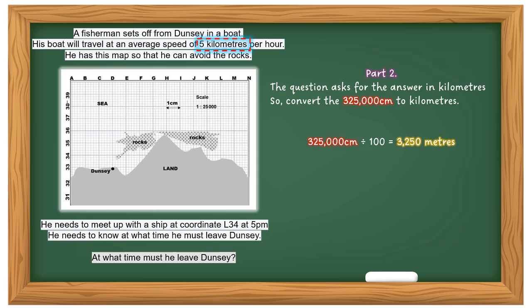So that's 3,250 meters. And then you have to convert that meters to kilometers. So 3,250 divided by 1,000 converts meters to kilometers, and you can see that is 3.25 kilometers. So you can see the logical process in this.